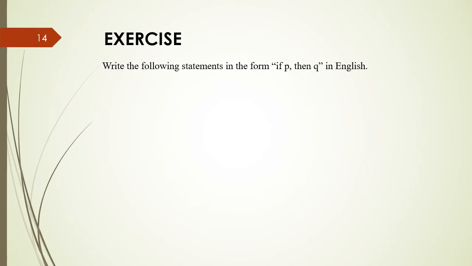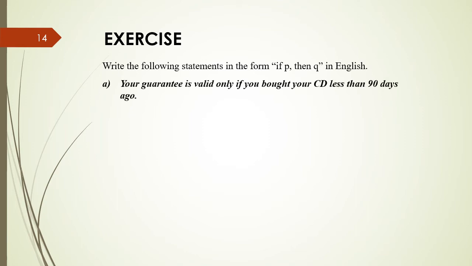Students, there is an exercise for you to convert the given conditional statements into the form if P then Q. The first conditional statement is given as your guarantee is valid only if you bought your CD less than 90 days ago.